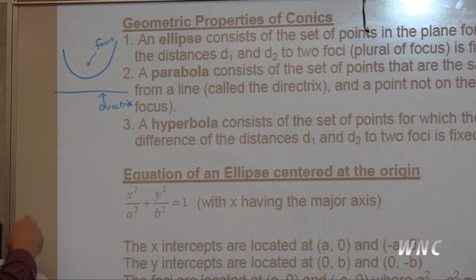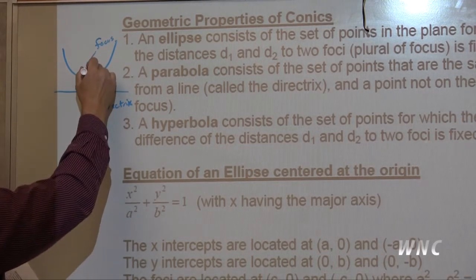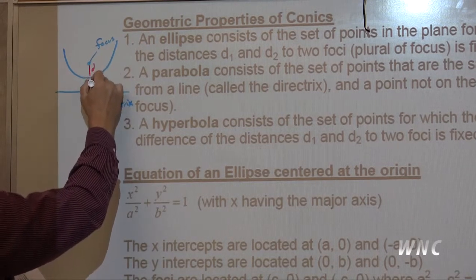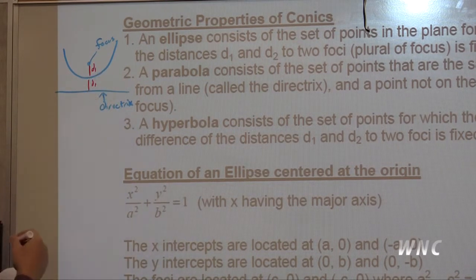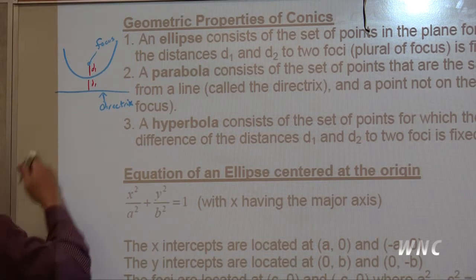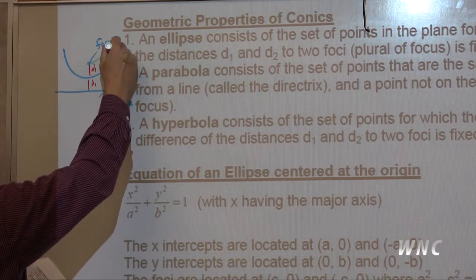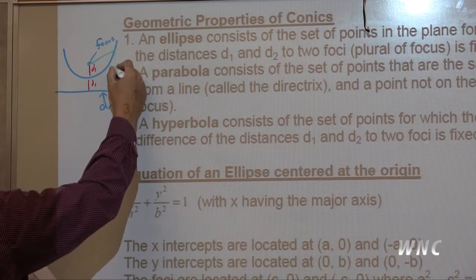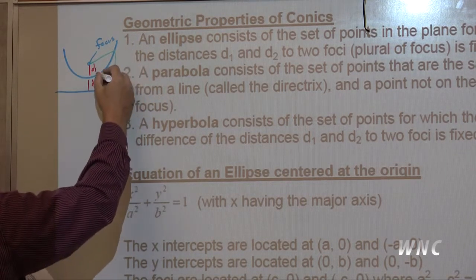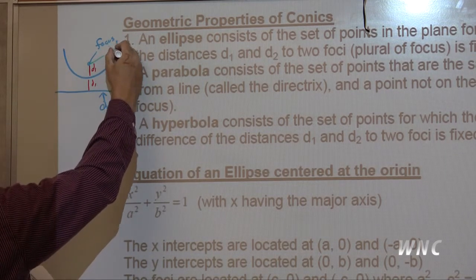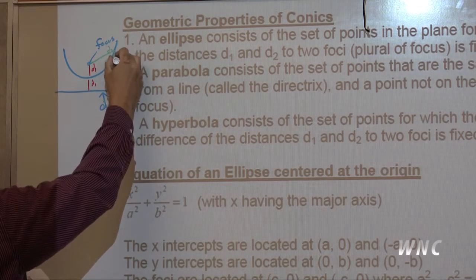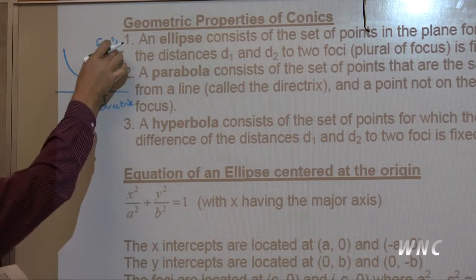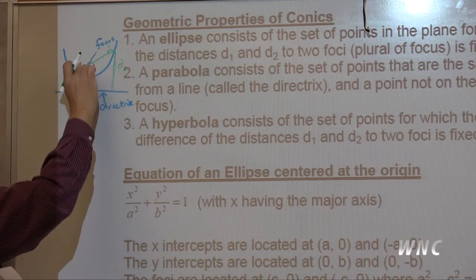So what we're saying is that this distance, call that d1, is the same distance as the distance from this focus to that point. I didn't quite draw this right. Maybe this should have been a little wider. d2, d2. But that's the idea, is that this distance would be the same as this distance.